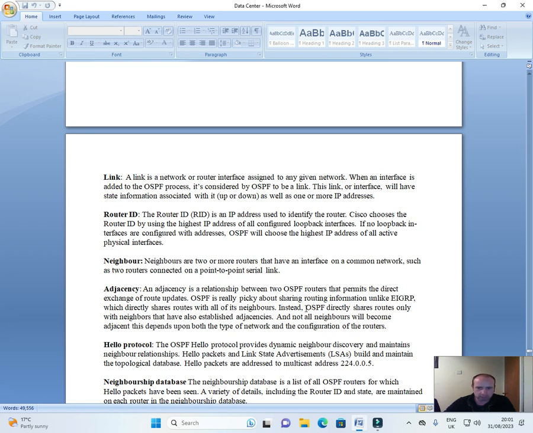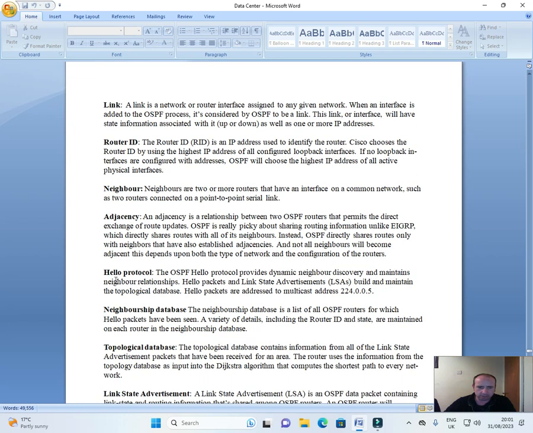OSPF is really picky about sharing routing information, unlike EIGRP, which directly shares routes with all of its neighbours. Instead, OSPF directly shares routes only with neighbours that have also established adjacency. And not all neighbours will become adjacent. This depends upon both the type of network and the configuration of routers.